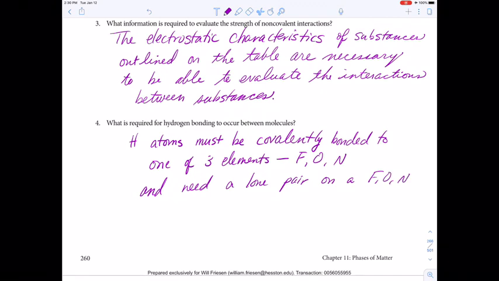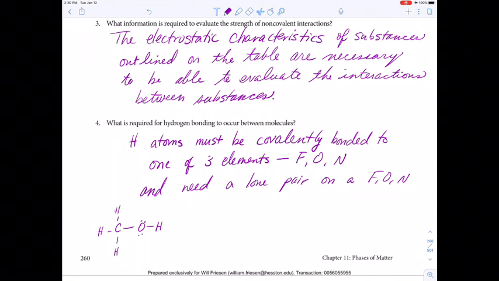So, for instance, I'll draw out an example of what we would need. Here's a Lewis structure for methanol. Okay, so we have a hydrogen attached to an oxygen, and then say we have ammonia.